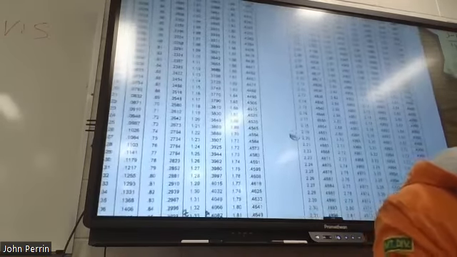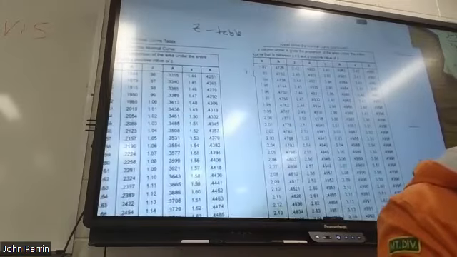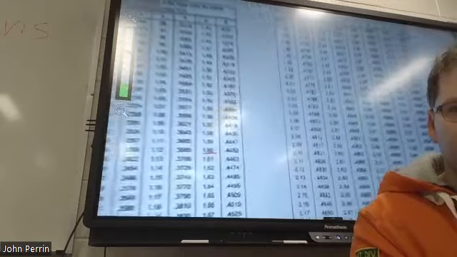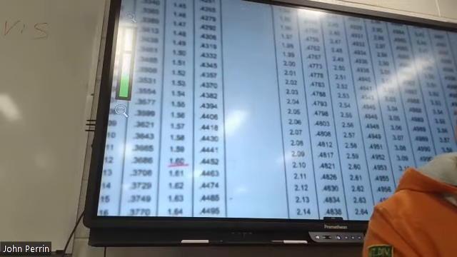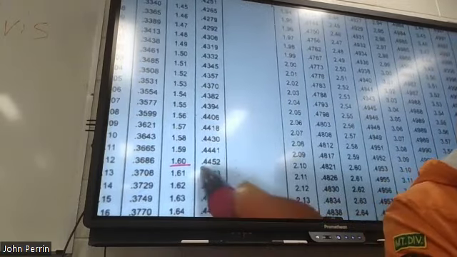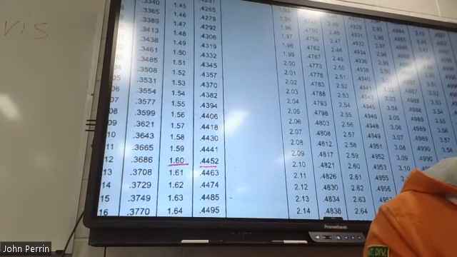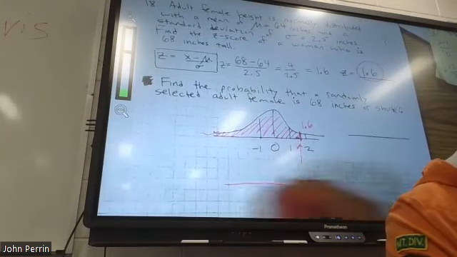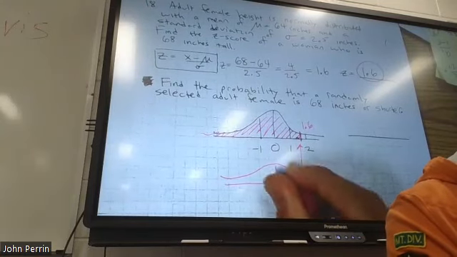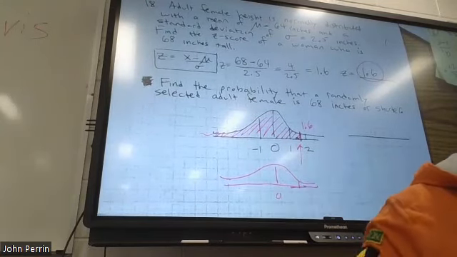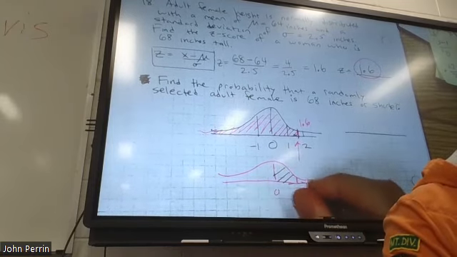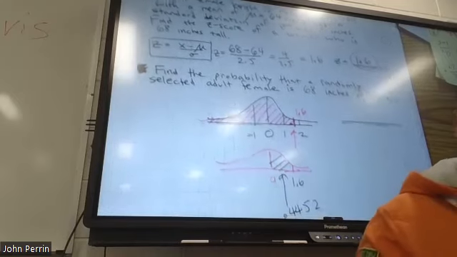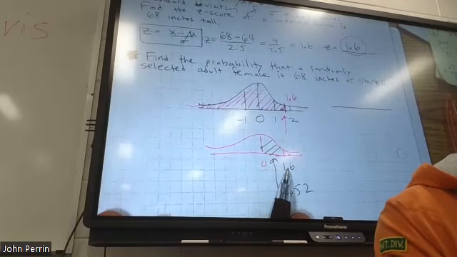I'm going to look up 1.6. 1.6 is giving me an area of 0.4452. Okay, so I'm going to write that down. What was it? 4452 was the area between 0 and 1.6.